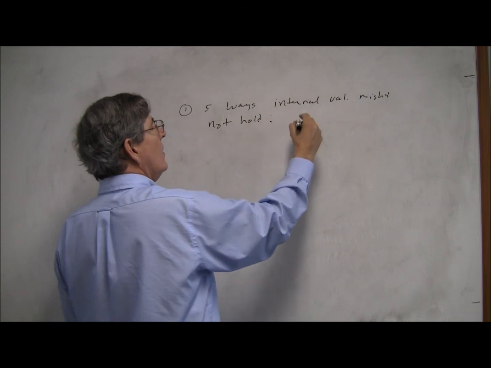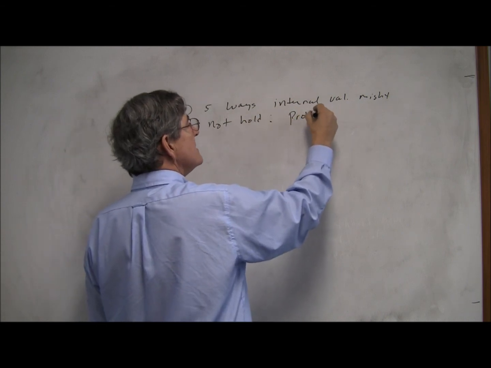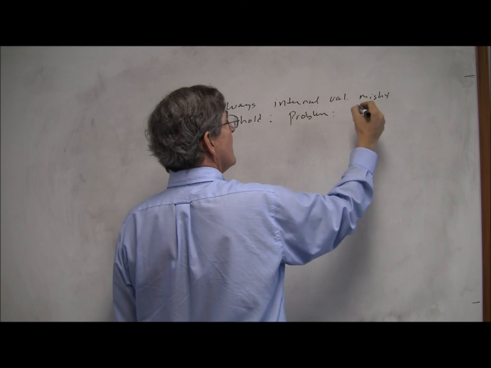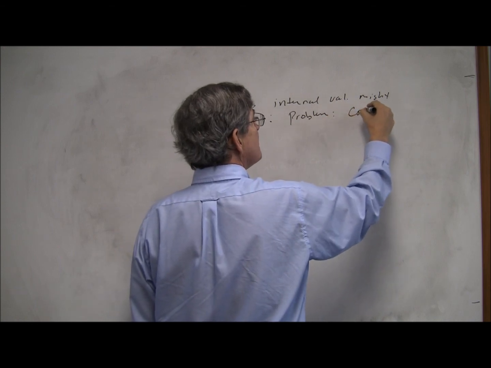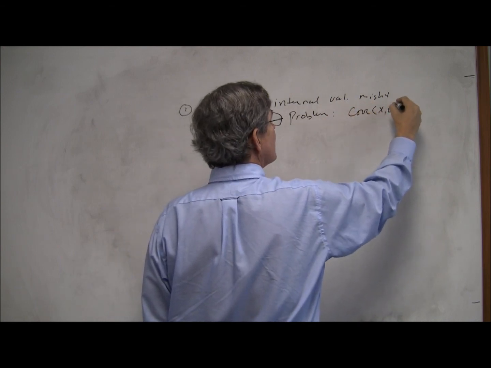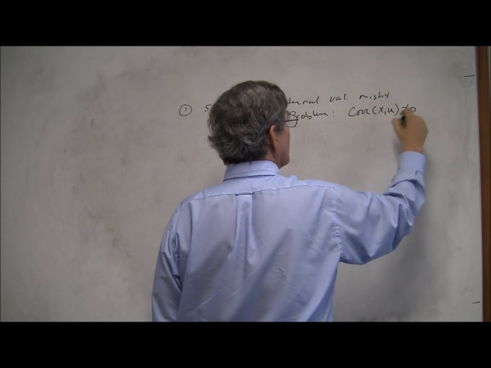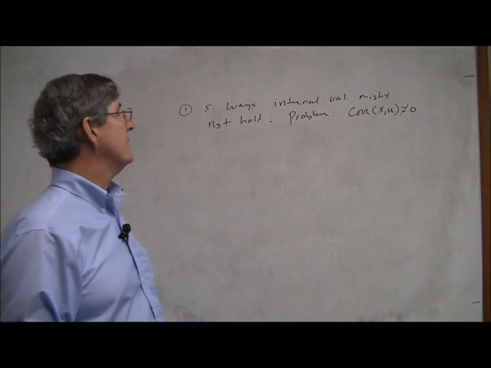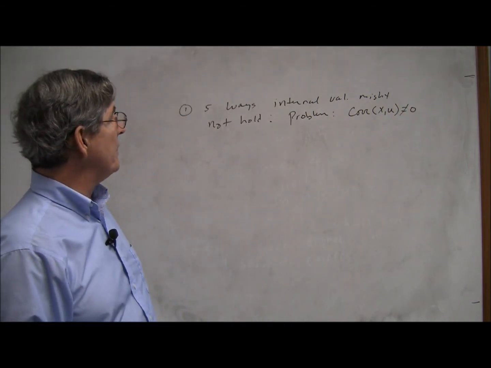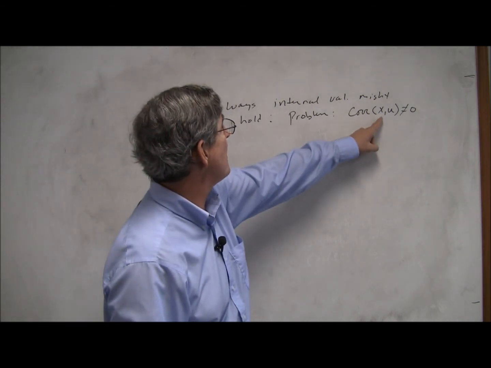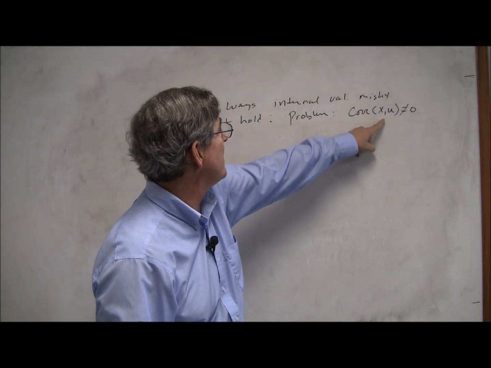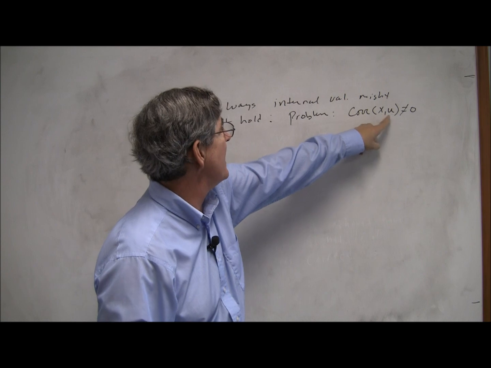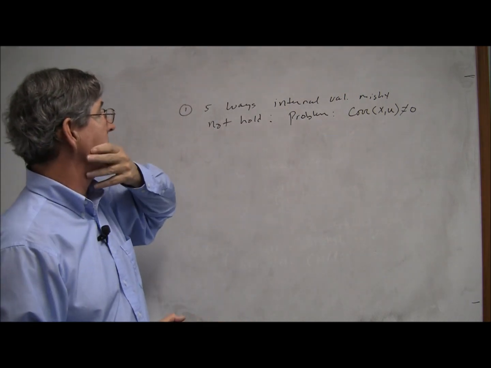And they all, the problem in every case is that the correlation of x and the error term does not equal 0. Remember, we've said that when you have this problem, you automatically get bias and inconsistency whenever your x's and your u's are correlated.